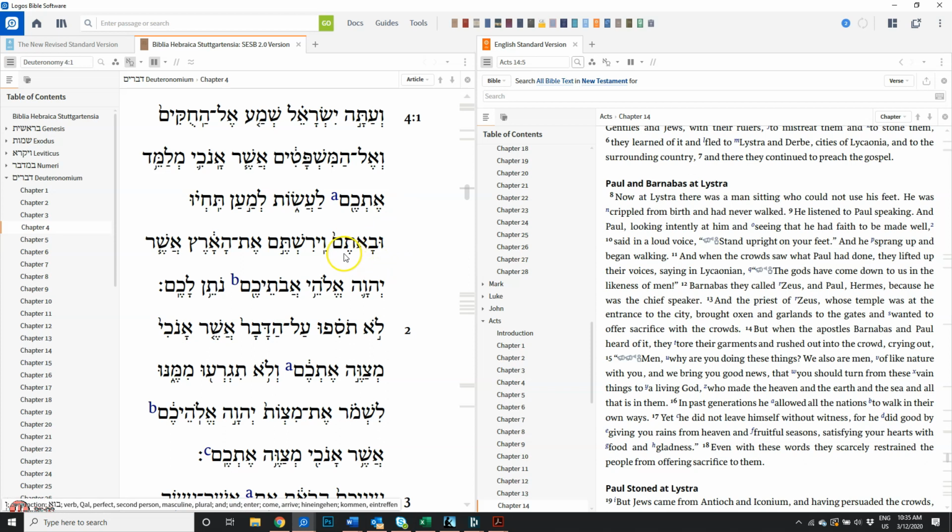You will go, let's see here, yarash, you will inherit, and you will inherit the land which Yahweh, the God of avotechem, your fathers, is giving. Noten is the participle form of give, so giving to you. Whew. So I worked through that pretty quick, but that's what we've got going on there.